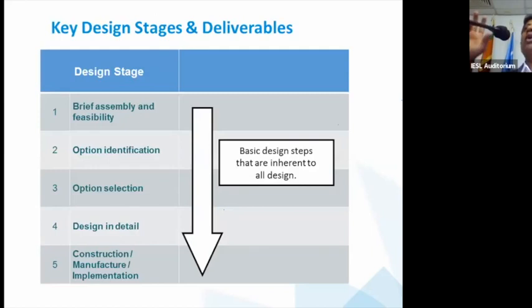Now, if you work in a design company, it can be building, or it can be bridges, or anywhere, but basically you can broadly categorize into five areas, as I have shown here: brief assembly, or called the feasibility study, option identification, option selection, design in detail, and construction and maintenance, right?